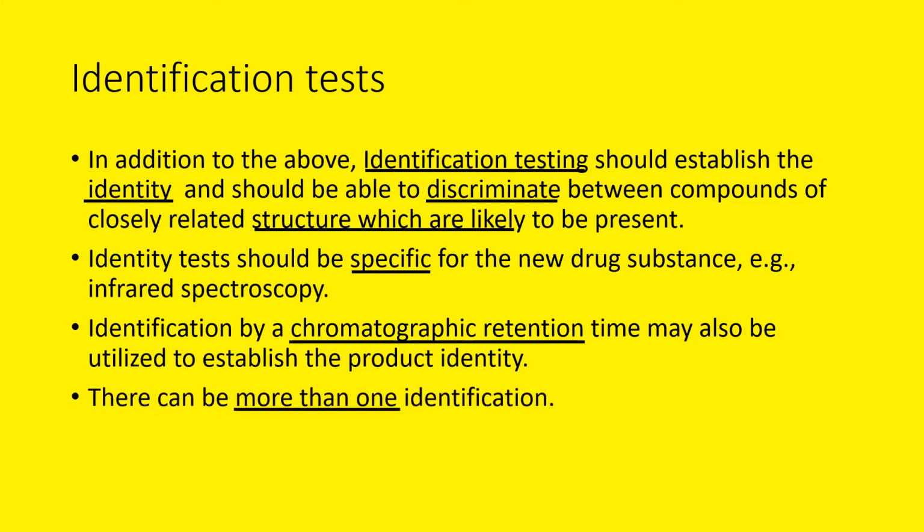There can be more than one identification test. As seen in the identification of human being, there are more than one identification test, the thumb impression and the iris. You can notice that there may be up to 4 different identification tests for the API.